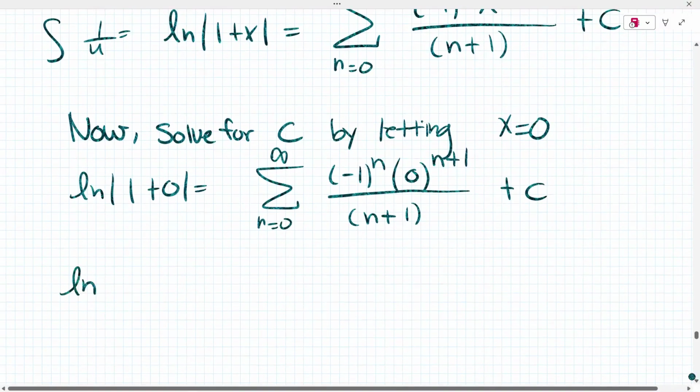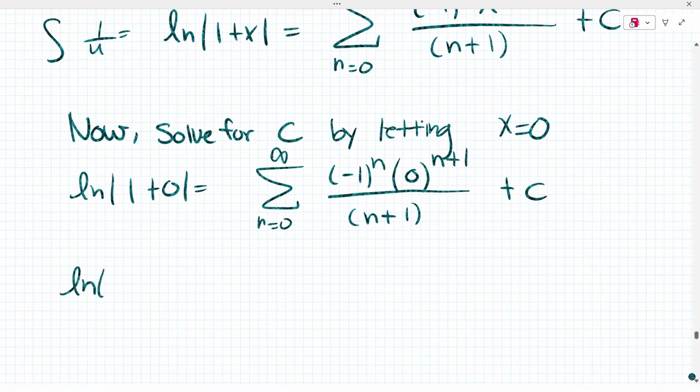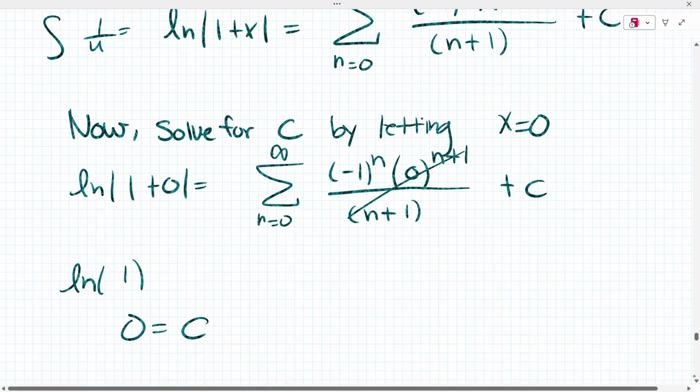We get ln of 1 plus 0, which is ln of 1, and that is 0. So 0 equals c, because this all becomes 0, because 0 times anything is 0, right?